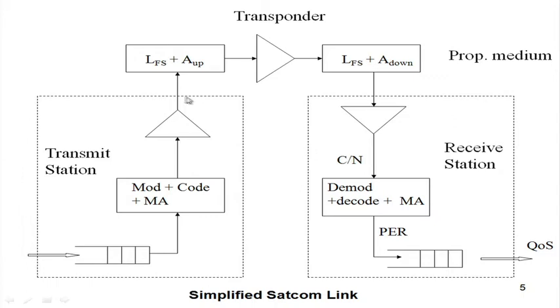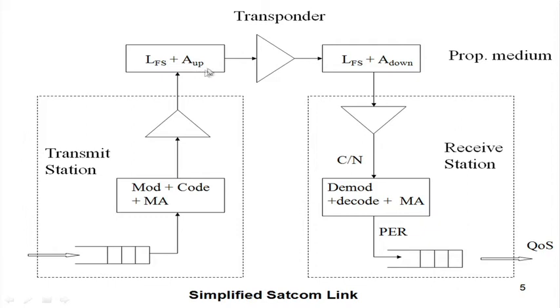It is amplified, but while going up, this signal from the transmitter to the transponder has certain free space loss or path loss, and also in the uplink there is certain attenuation, as we have shown in the last slide, that the attenuation could be dominant when it is rain or raindrops or water type of things. We will see more details of that.